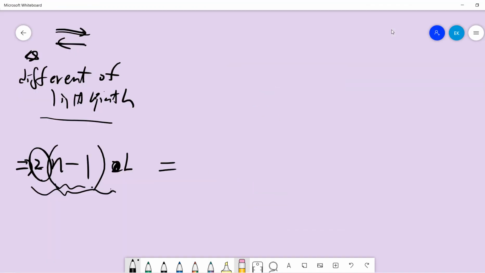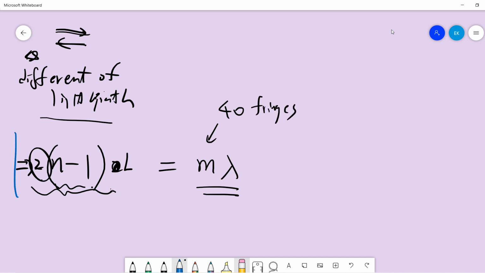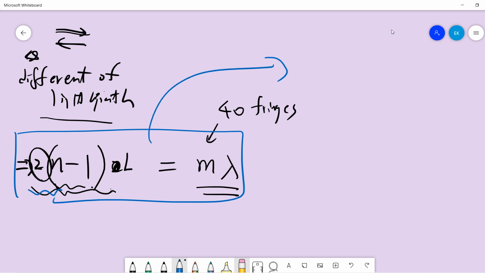The difference of light path should be m times lambda, and now we have m equals 40 because it said there are 40 fringes. So this is the formula we have. The change of light path will give the fringe pattern. This is similar to optics like diffraction or refraction.